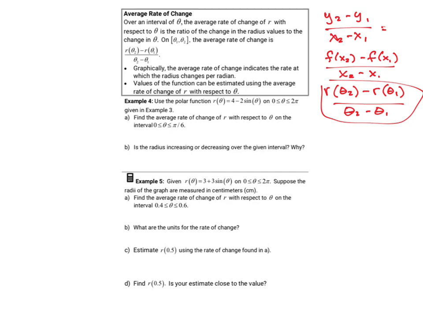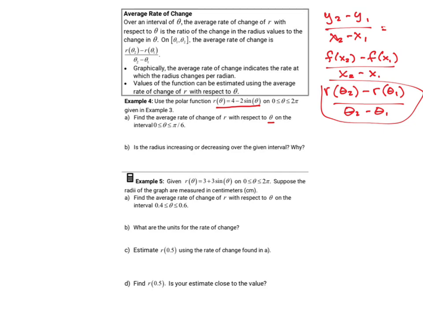Use the polar function r of theta equals 4 minus sine theta. Given in example 3: find the average rate of change of r with respect to theta on the interval from 0 to pi over 6. It wants you to use the table given in example 3, so we don't have to put this in your calculator right now.